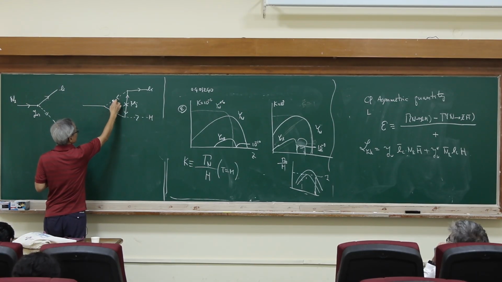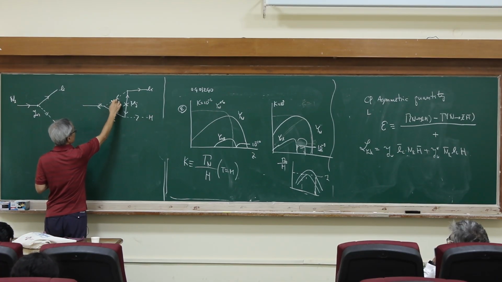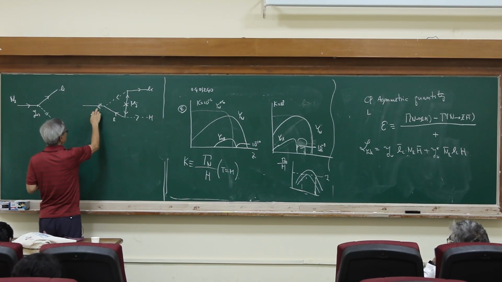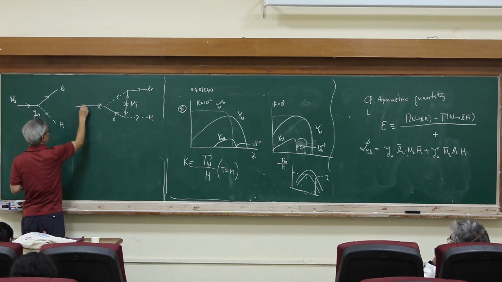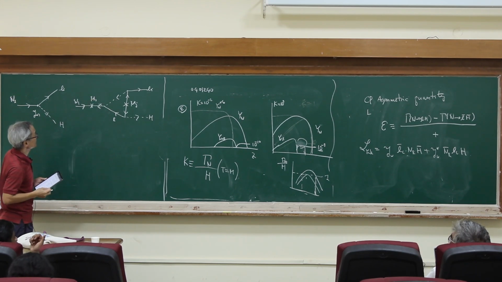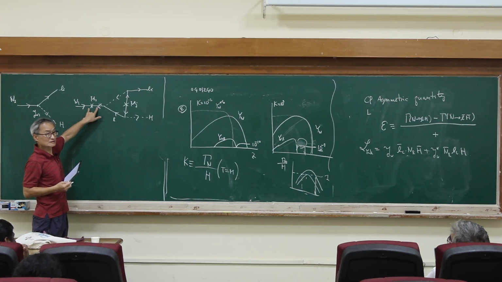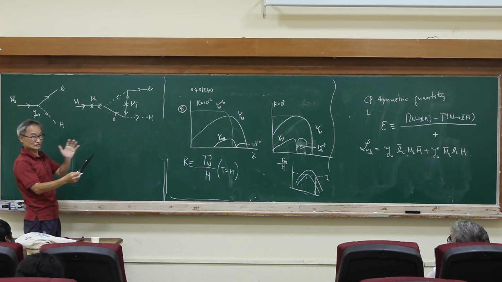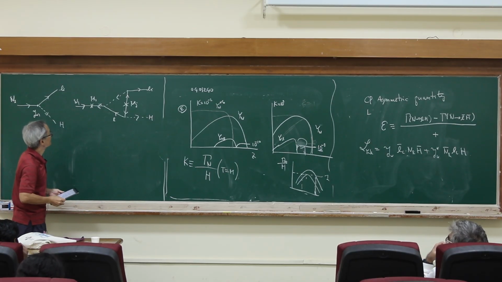So then here, L comes in, N should come out, and H also comes in. But this doesn't match with this. So the initial state should be N1. Then this means that if you do the calculation, the amplitude is to pick up M1. So you sum up all the gamma matrices and then take a trace.